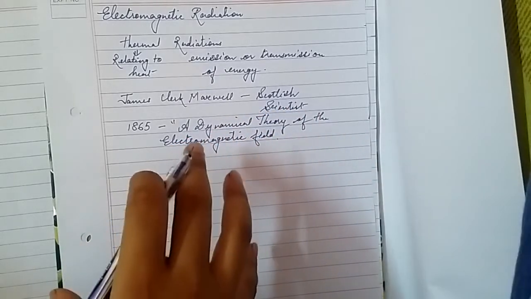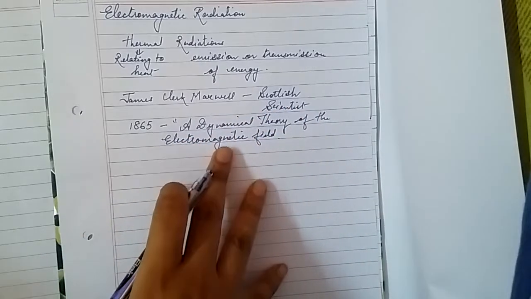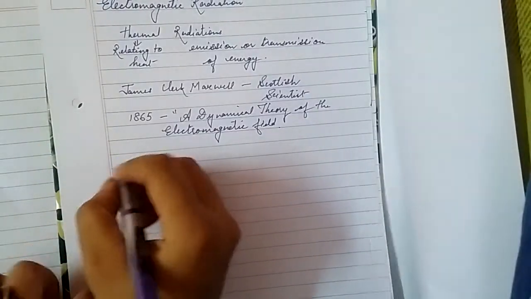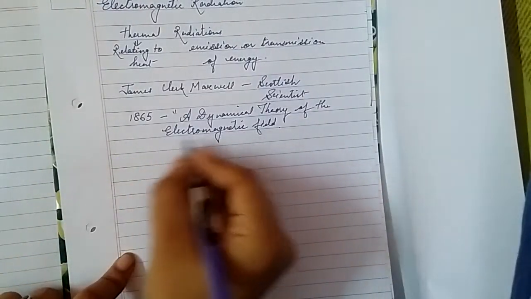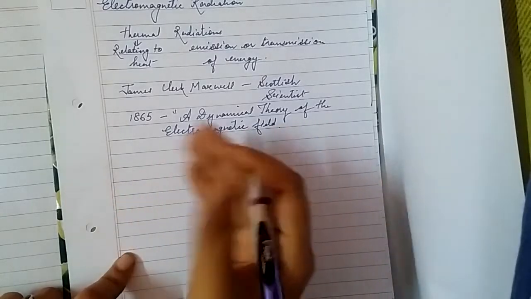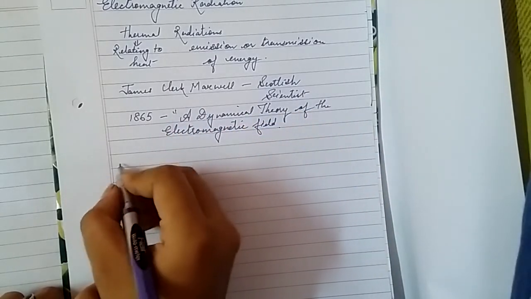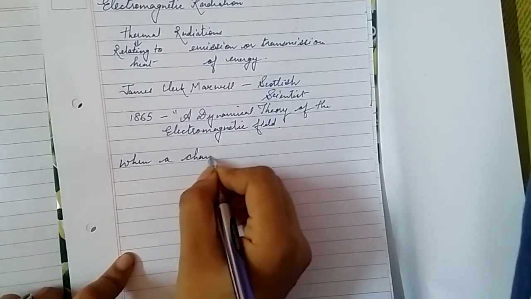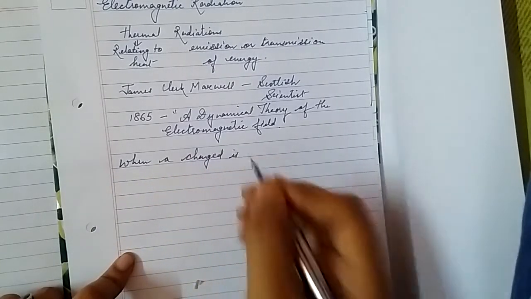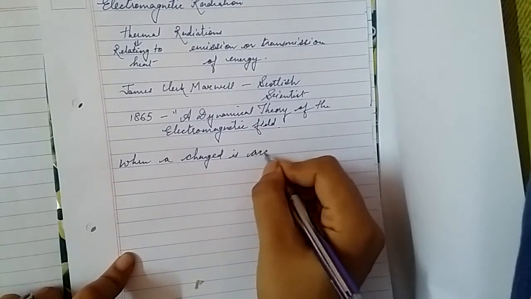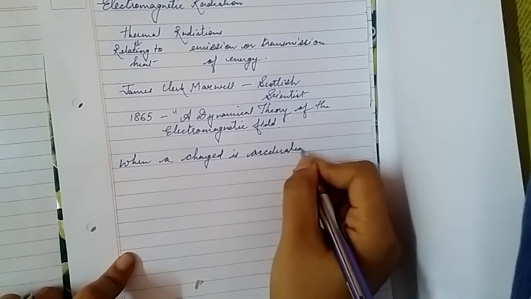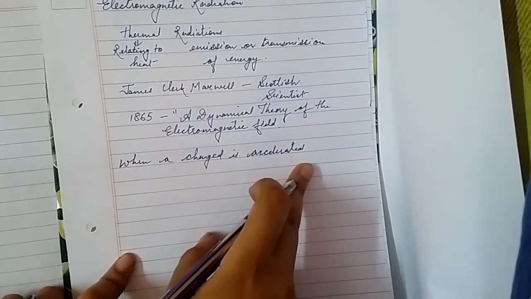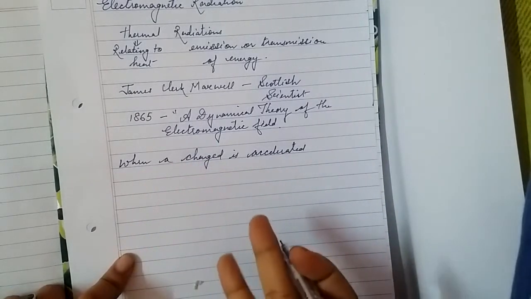So, basically what did he say in his theory? He said that an electromagnetic field is produced when a charged particle is accelerated. Then what happens when a charged particle undergoes acceleration?